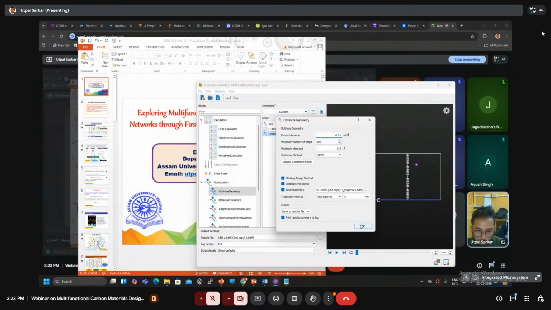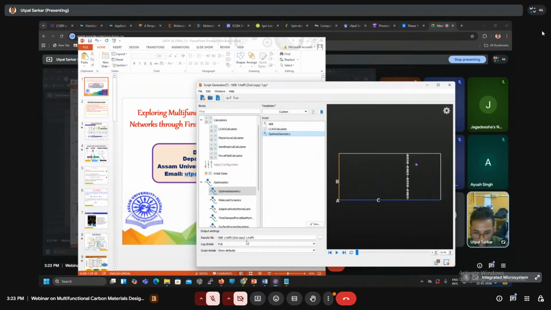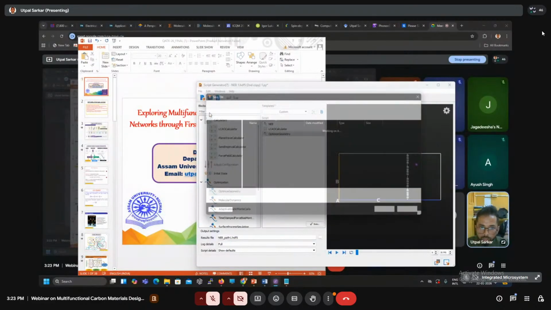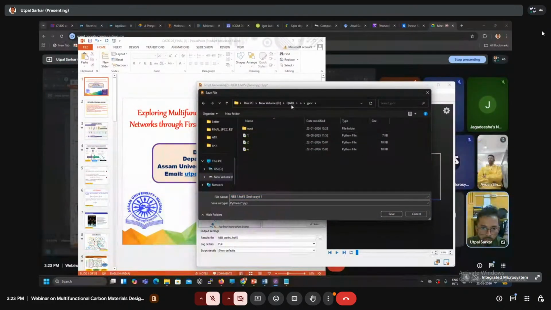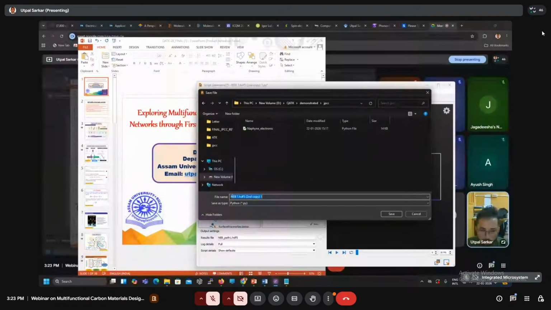And now we will save the input for the first NEB calculation. So the NEB input is ready.